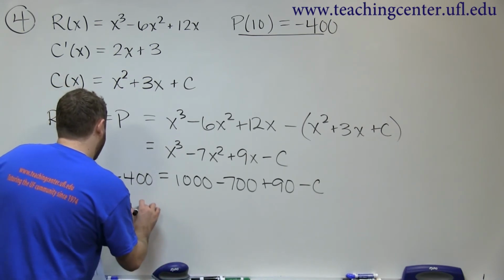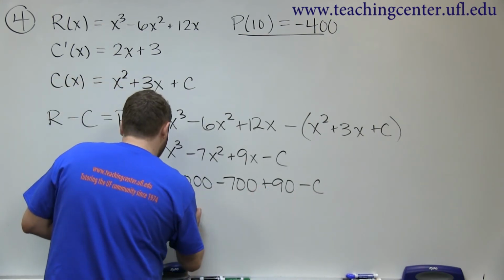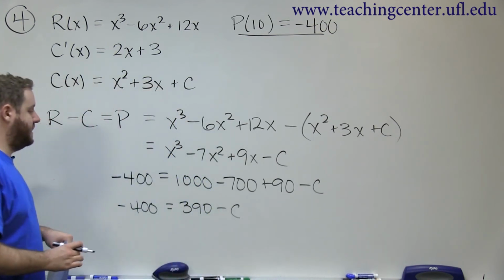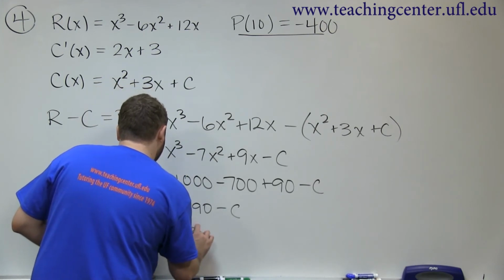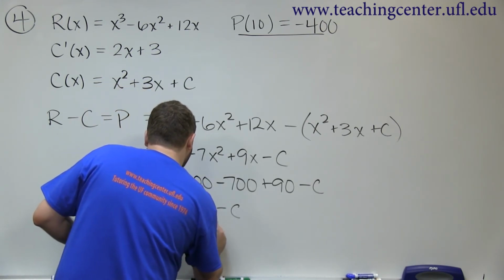So we get negative 400 equals, this would be 390 minus c. So by solving for c here, we get that c is equal to 790.